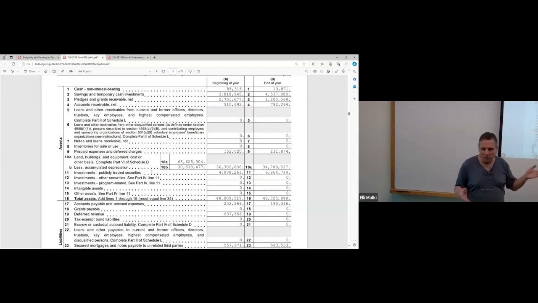This organization can be 20 years old, or 100 years old, I have no idea. So this is a lot of purchases over the years. The value that we have here in 10B is the accumulated depreciation for each item that was purchased, how much we depreciated. And the net in 10C is the net value of the fixed assets.